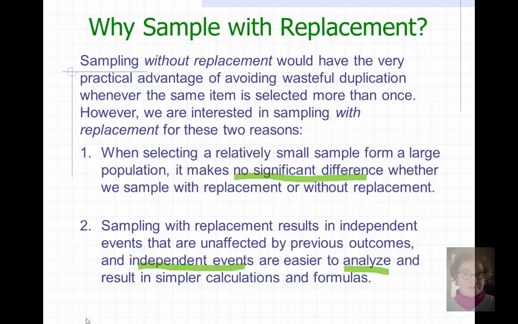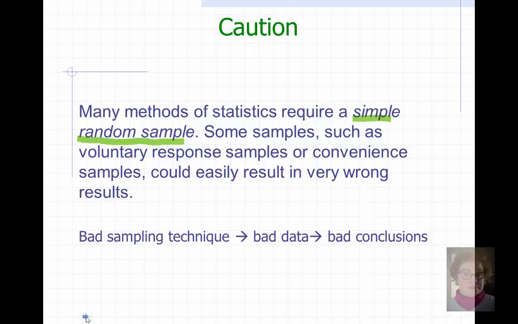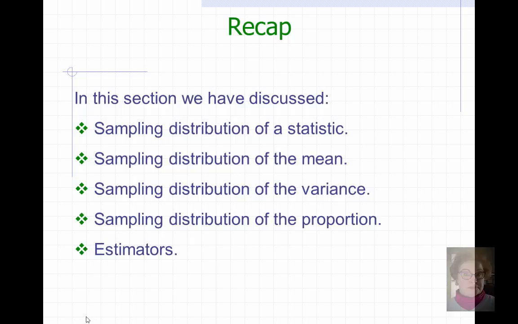We're all for easy. But be careful. When we do simple random samples, we can use the techniques that we're talking about here. But when we're talking about poor sampling techniques, there's nothing we can do to fix it. So again, bad sampling techniques give us bad data, which gives us bad conclusions.